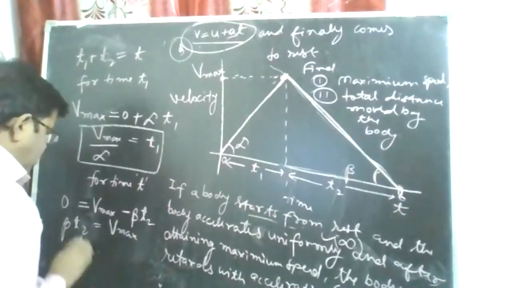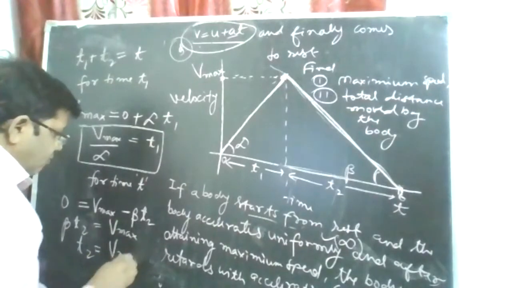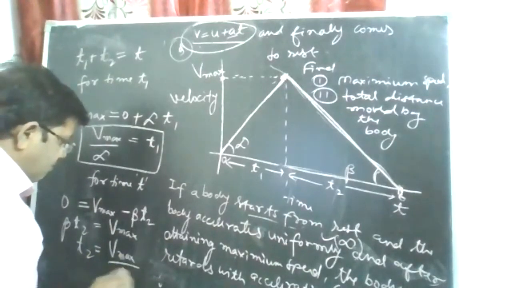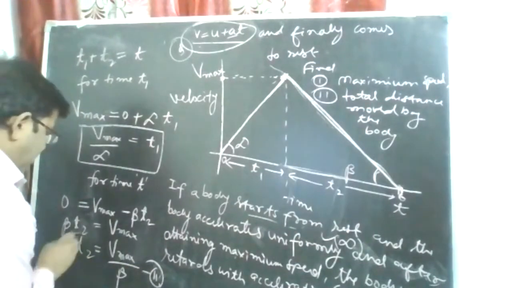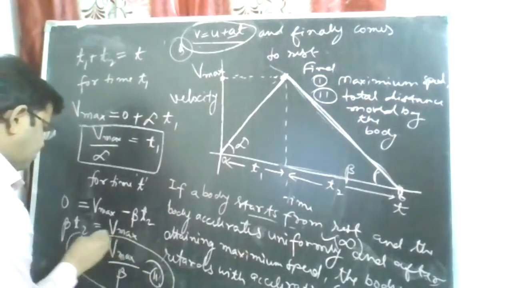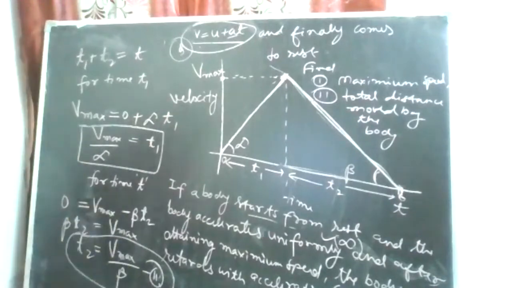So t2 equals v maximum by beta. This is the second equation. So t2 equals v maximum by beta.